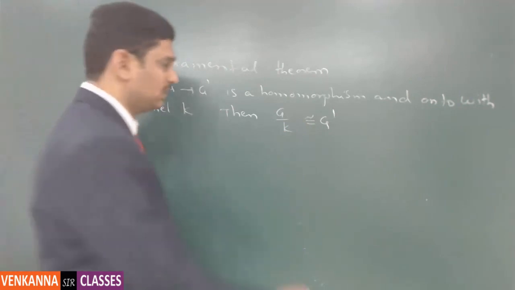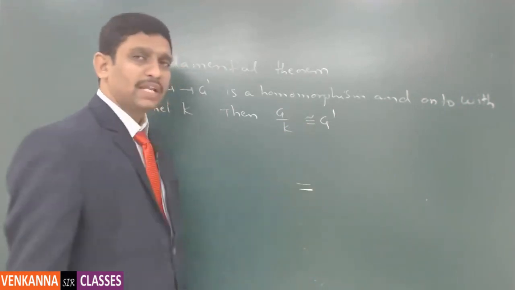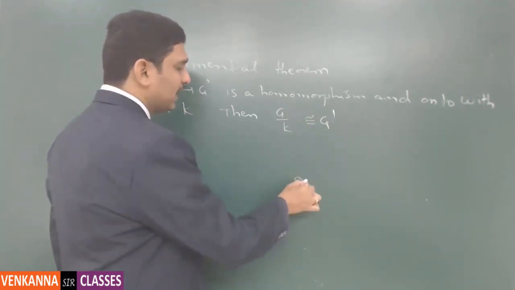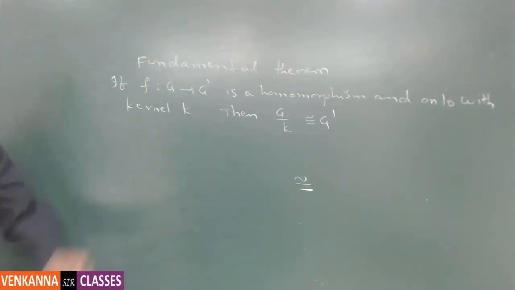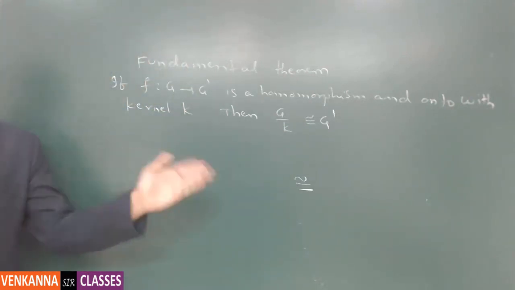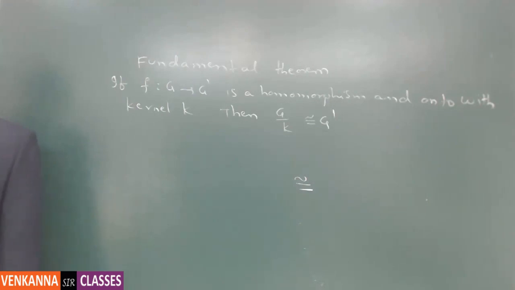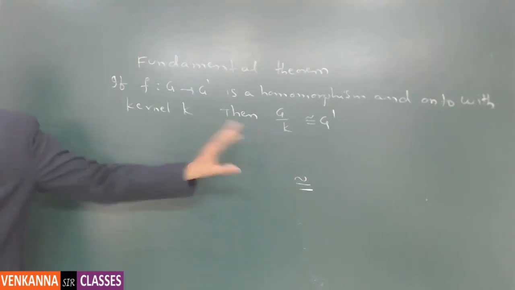How is it written? We write an equal to sign and we use a tilde. So we write S horizontally. This symbol we call the isomorphic symbol.